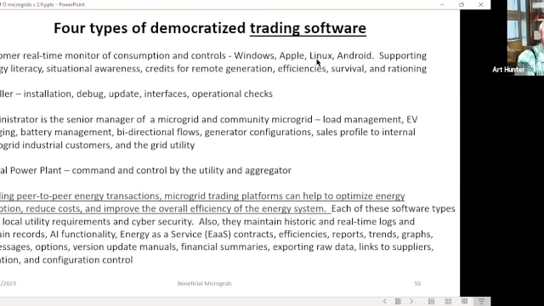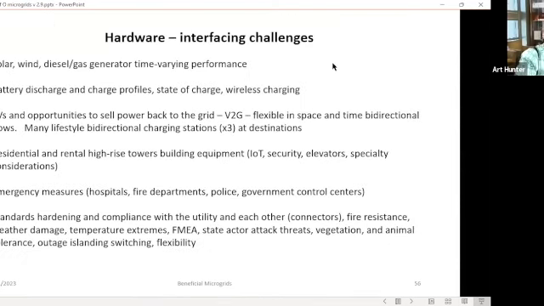Hardware interfacing, of course, has a number of challenges, because solar and wind, diesel and gas generators are produced by quite a number of people, and there don't seem to be any standard interfaces between them all. Often they're considered to be standalone, and they don't have to interact with anyone.